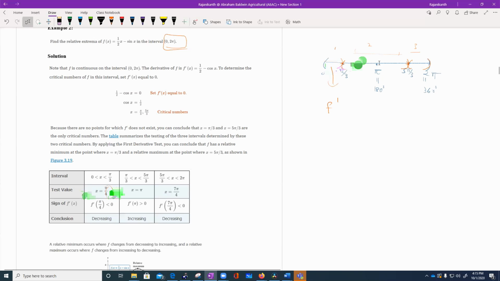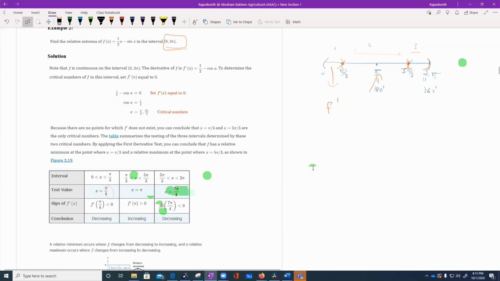Okay. Now go for the second interval, pi over 3 to 5 pi over 3. They have chosen pi as the test value. Then in the third interval, they have chosen the test value 7 pi over 4. That will be somewhere here. Like that, choose some values.